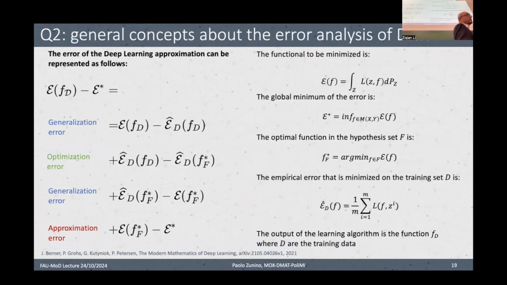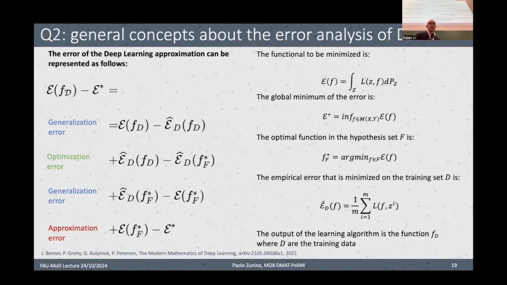The next step is to discuss the error. First of all, it's useful to remind that the error of representation of data through a neural network can be decomposed additively into different sources of error. First, the generalization error, which is the error that we make by replacing our error functional integrated over the whole data set with the empirical error sampled in a finite number of points of this data set.